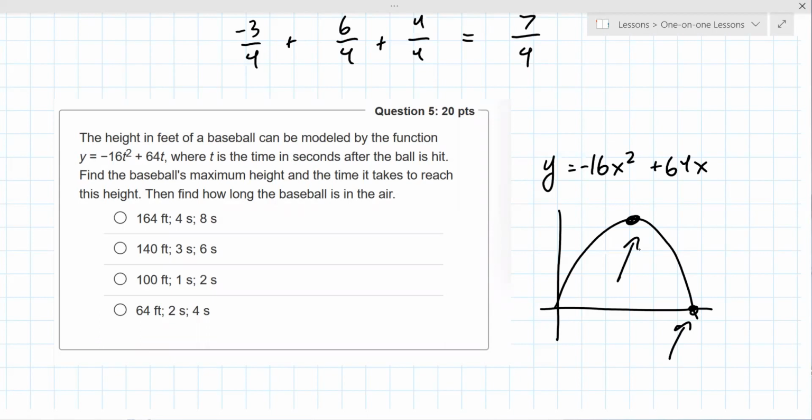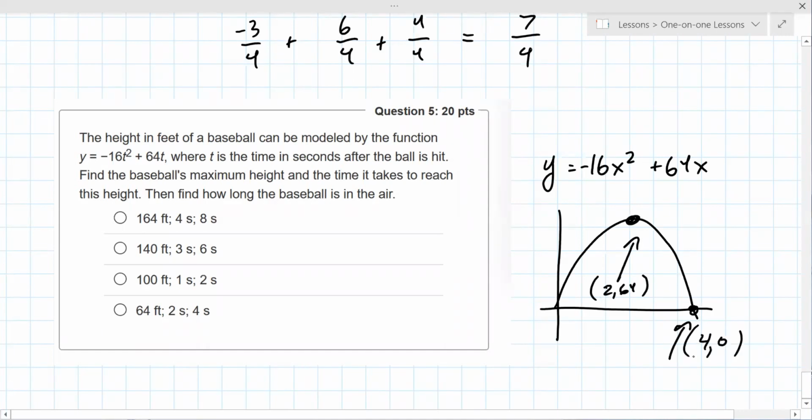All right, what did you come up with for the vertex? Christopher, are you there? Yeah. For my max, I got 2 comma 64, and for my min, I got 4 comma 0.